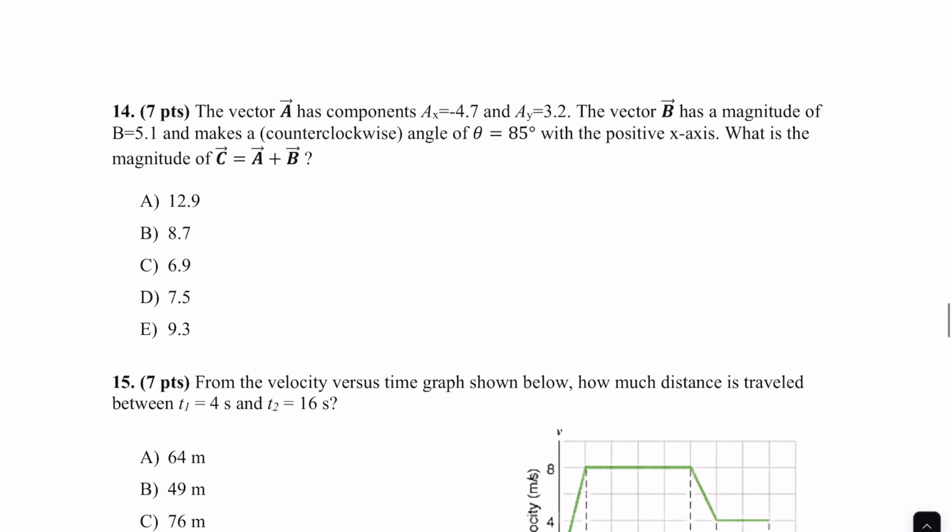Problem 14 is a vector problem where we're given vector A in component form and vector B in terms of magnitude and direction, and we need to figure out what their sum is. It's easiest to add vectors when they're in component form, so our first step is going to be finding the components of B. We can find the x component of B using cosine, and the y component of B using sine.